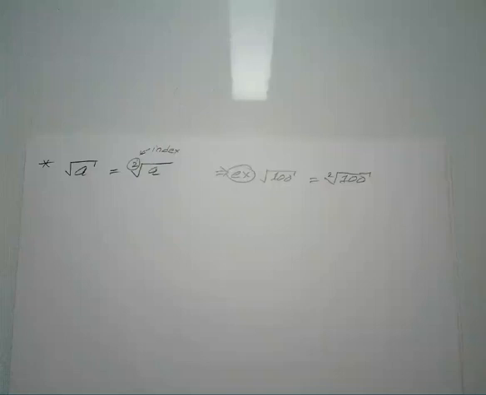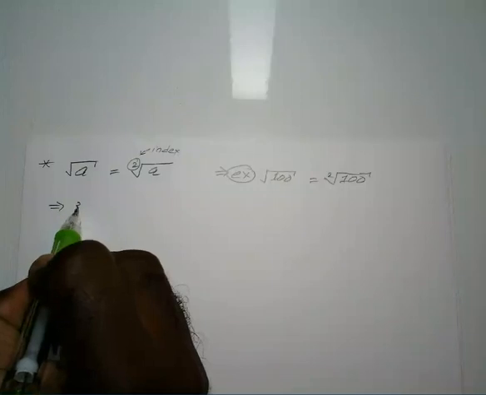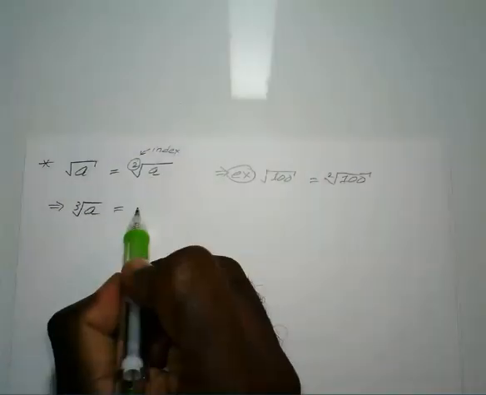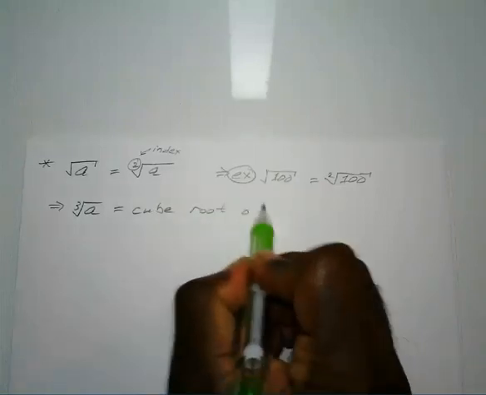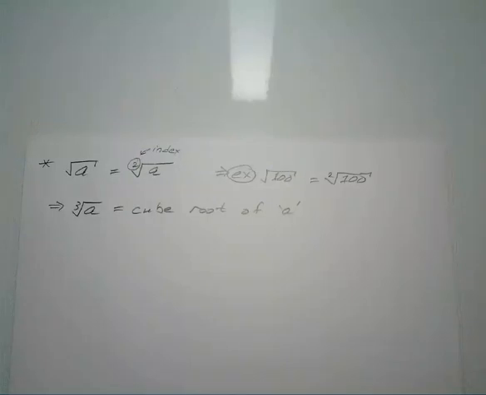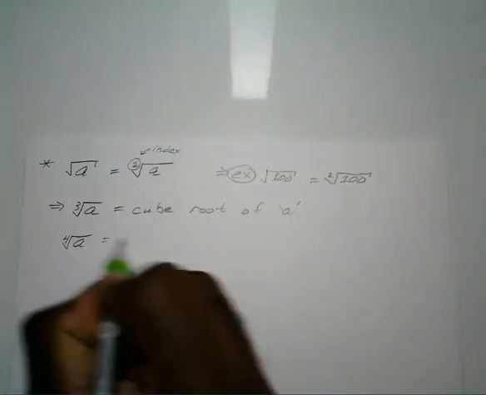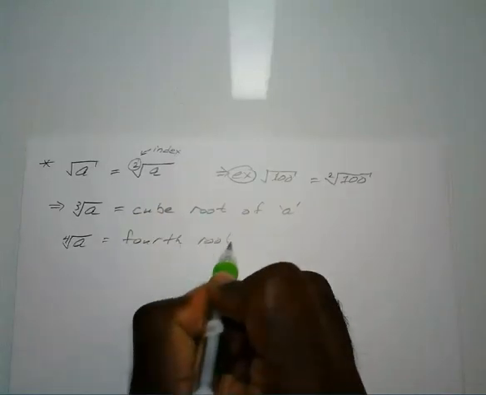Okay. Now what if your index is a 3? If you have an index of 3, we call that a cube root of a. Same, if you have an index of 4, that's a 4th root of a.